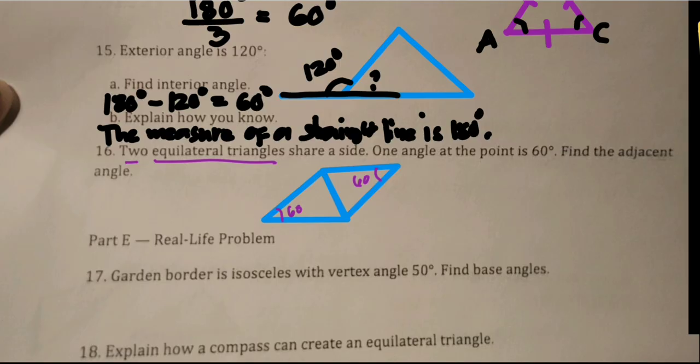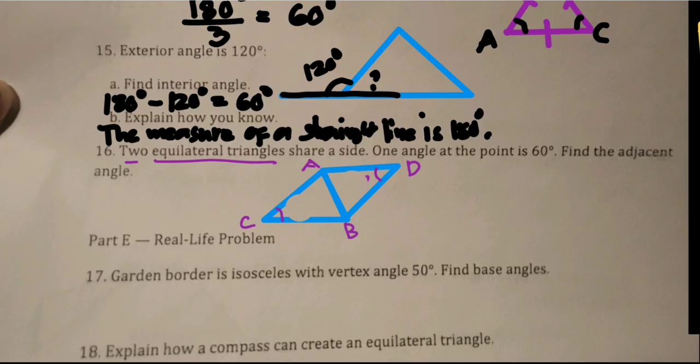So let's say this is triangle ABC, maybe C and D, and then AB is the side that they share. This one is not the one that's 60 degrees because it says adjacent.